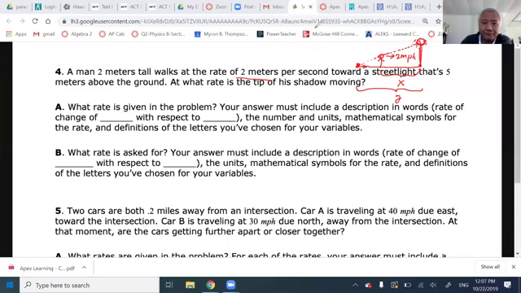Let me erase this part first, okay? This one should be 2 meters per second, going this way. So from here we can see that dx/dt will be -2 meters per second.